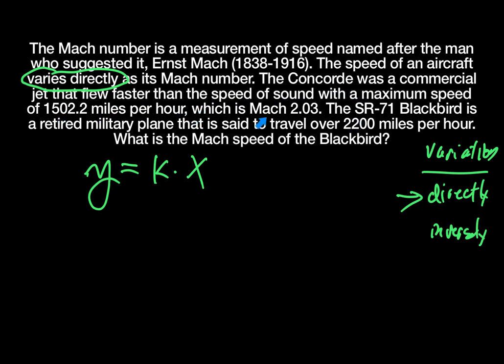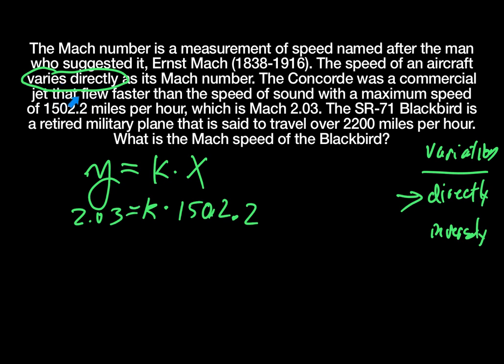I need to use that to predict the Mach. So I'm given the x of 1502.2. 1502.2 times some number k equals its Mach speed, which is 2.03.